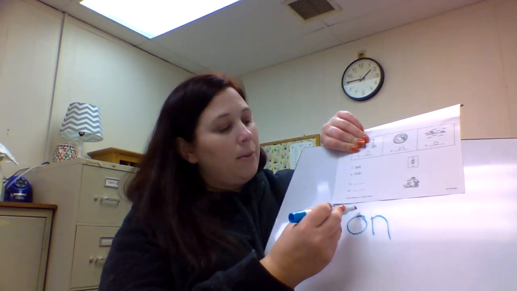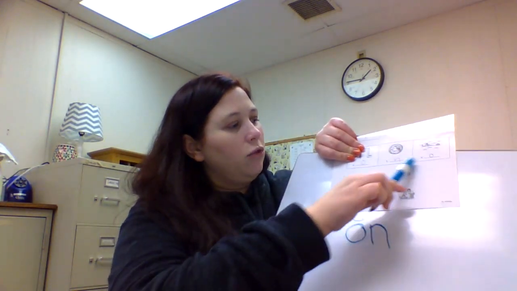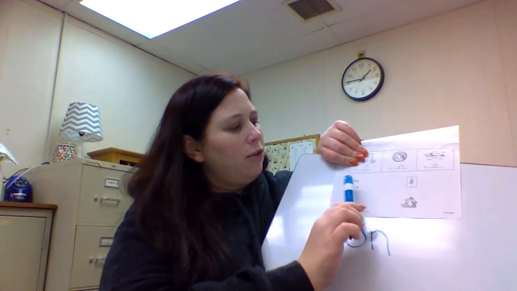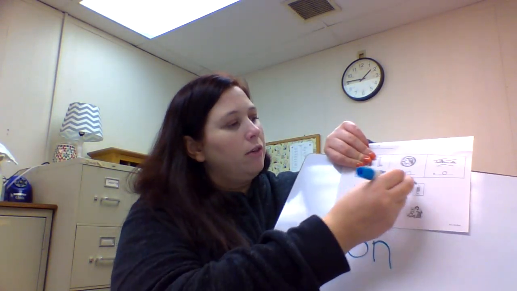We're on number 8. There is a consonant to stop it, so we know it gets a breve, and it's the short O sound, which is on. Now looking at this picture, do we see something that would match? Does no match a light switch that's flipped up? What happens when your light switch is flipped up? Your light is on. So we can draw a line from on to the picture. Good job.